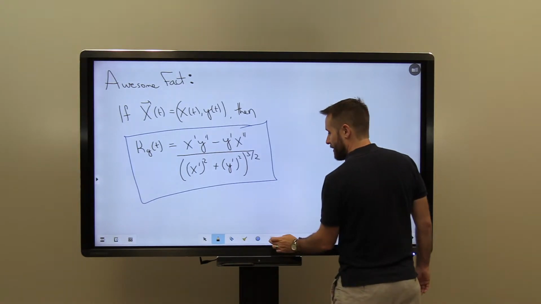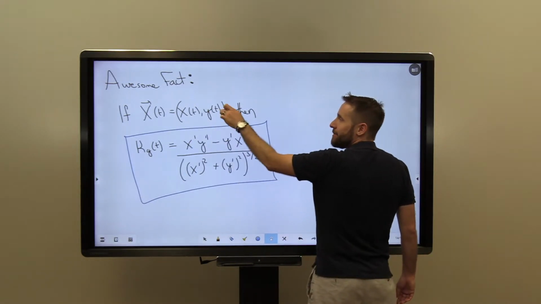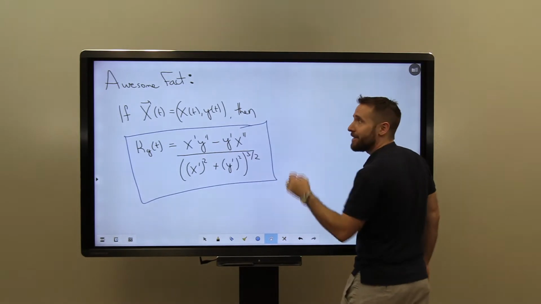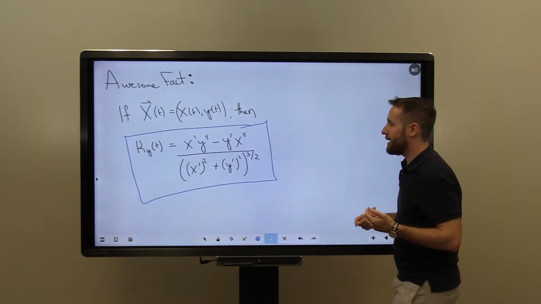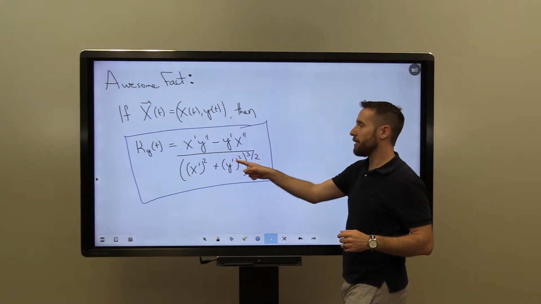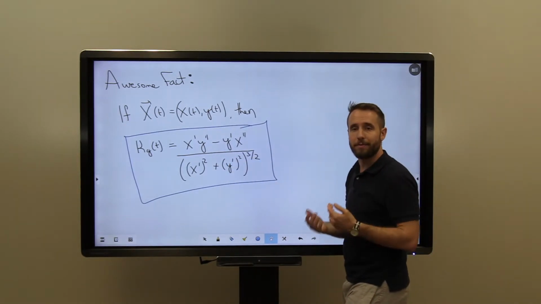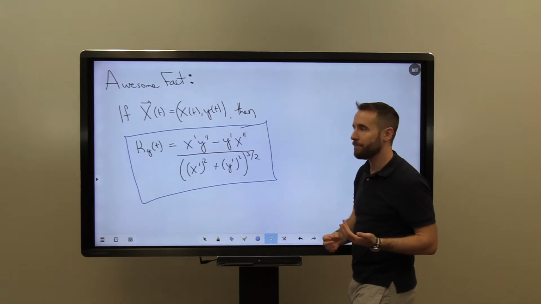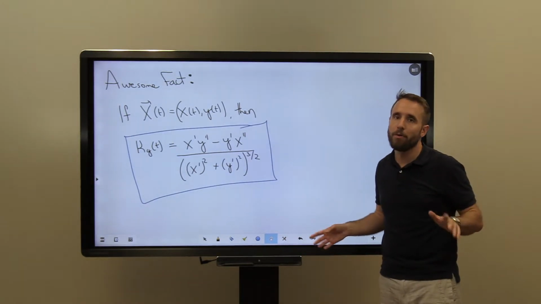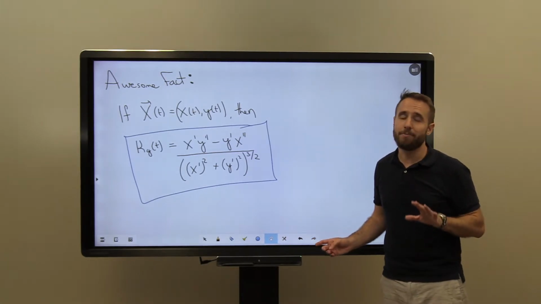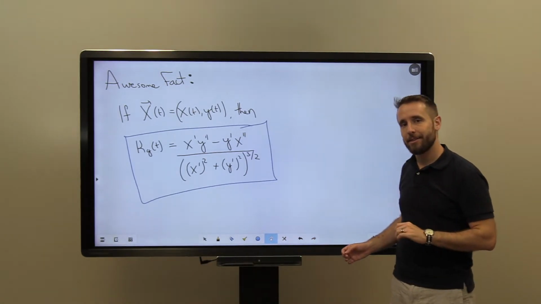Specifically, we need the first derivative of x times the second derivative of y minus the first derivative of y times the second derivative of x, all divided by x prime squared plus y prime squared, collectively raised to the 3/2 power. Like I said, I think this is something we could absolutely prove, but we won't be doing that in this video. We'll simply call it an awesome fact.